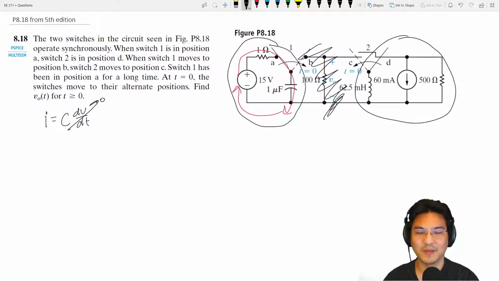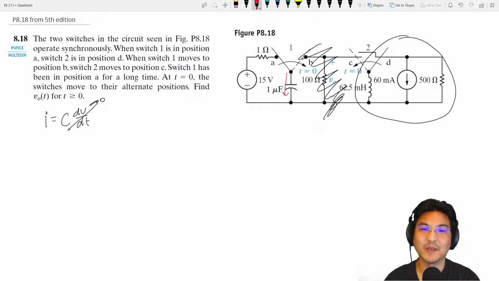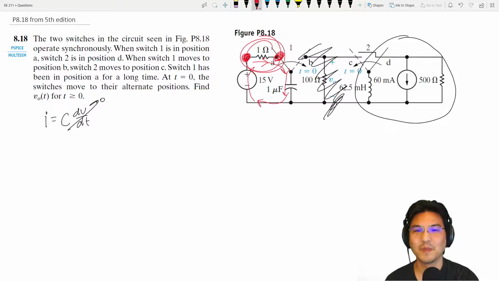So the current over here is 0, but it's all in series like this, right? So that means the current going through the resistor is 0, which means the voltage across the resistor is 0. So whatever the voltage is here, it's the same over here. If it's 15 here, then it's 15 here.